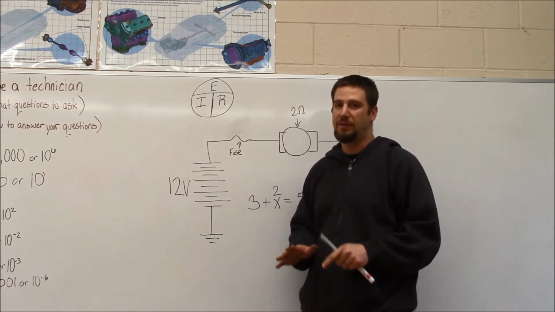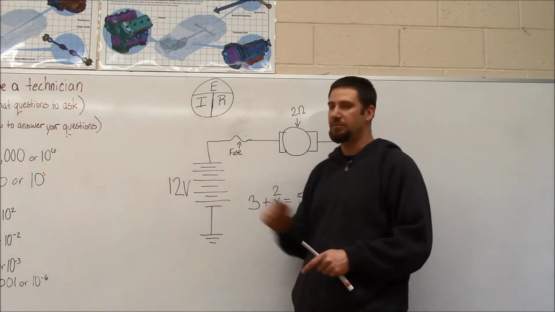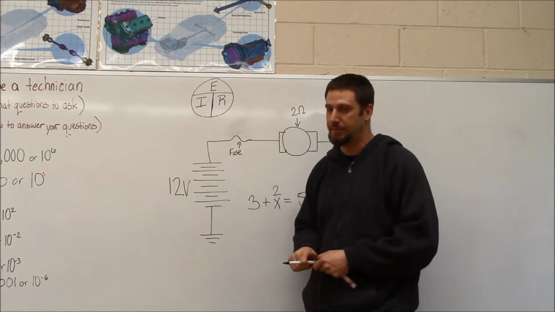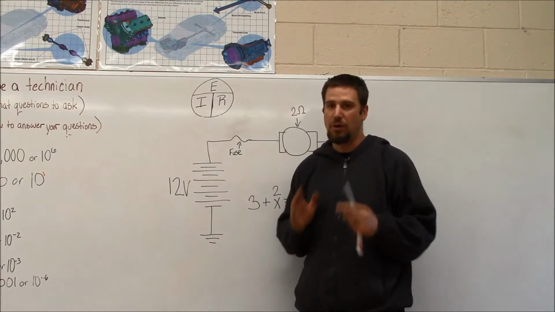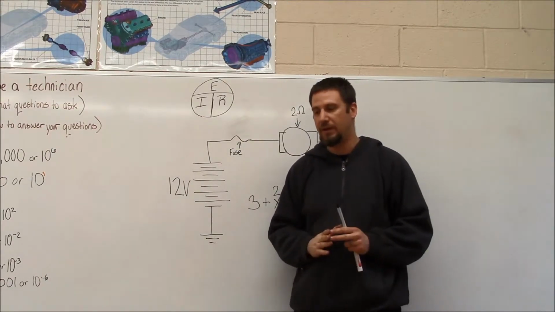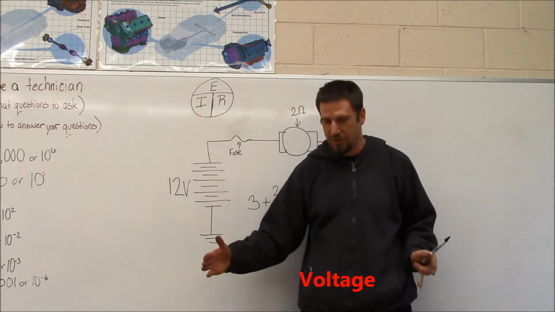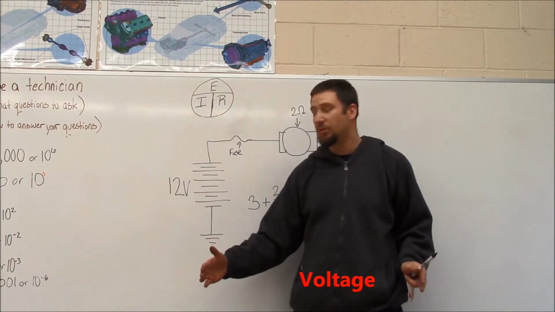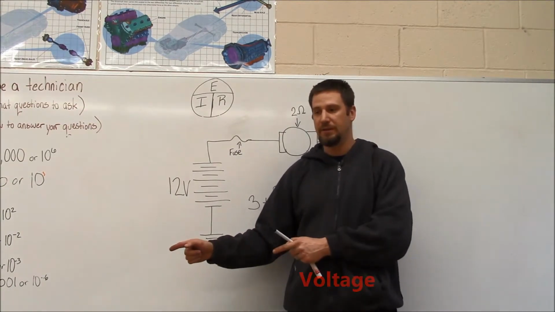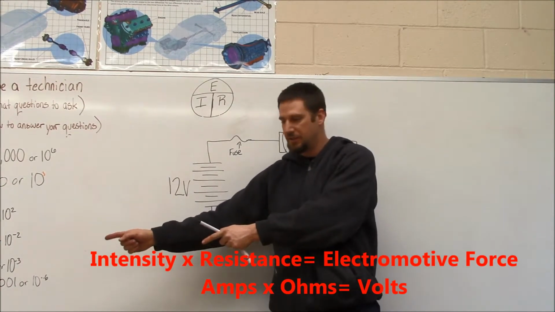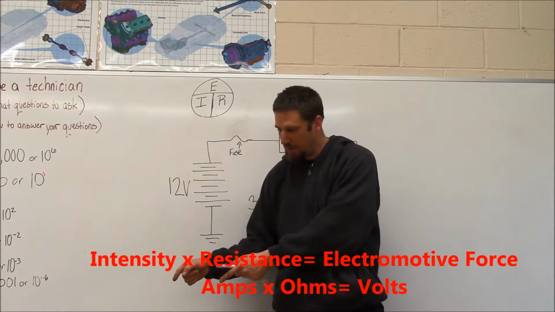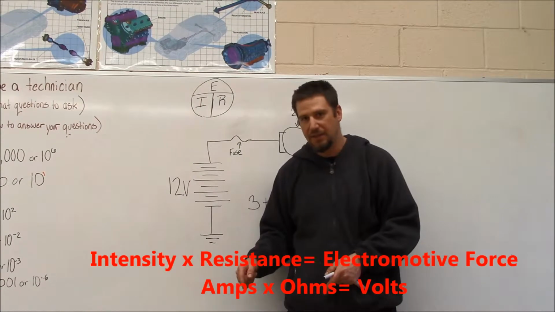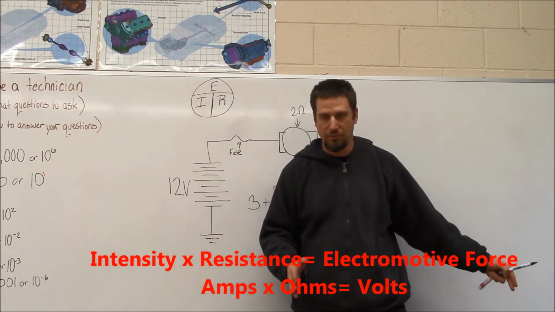But so we don't have to split hairs, I like to just substitute the 12 in here to get the idea. So voltage equals current times resistance. If you take current and multiply it by your resistance, it will give you voltage or electromotive force.